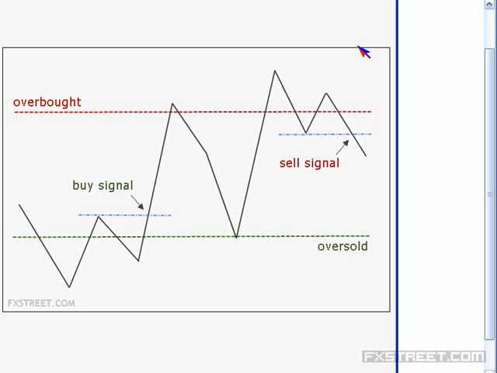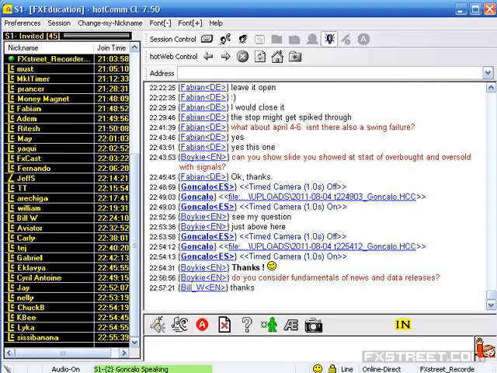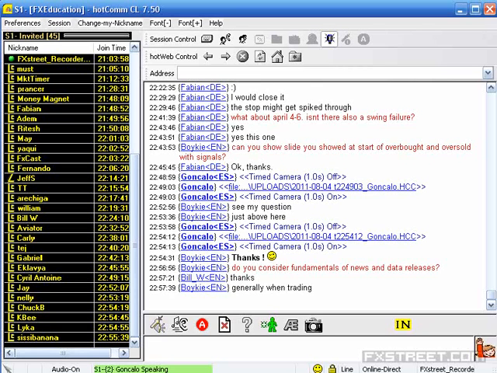Mike is also asking, do you consider fundamentals or news and data releases? Well, I don't know if you are asking specifically about this backtesting. When backtesting, I prefer to use only price itself. Okay, and personally, I don't have the knowledge to trade based on fundamentals.